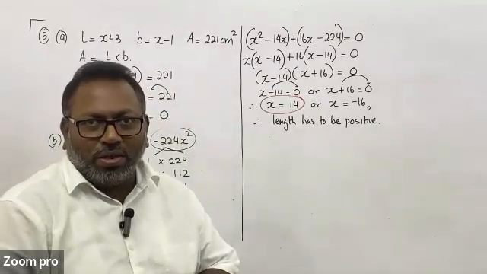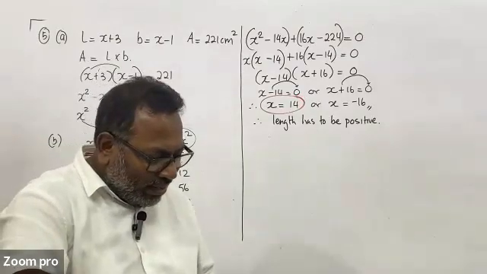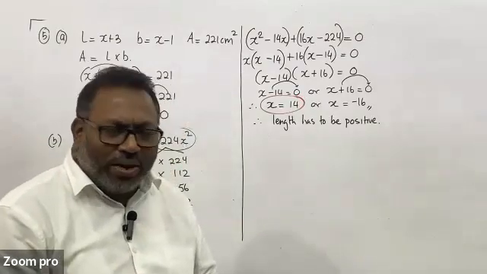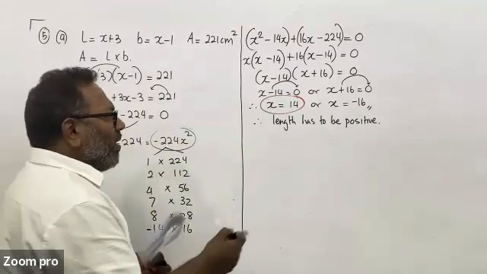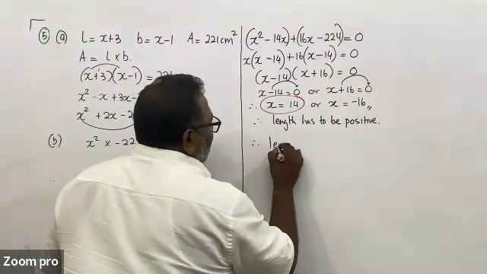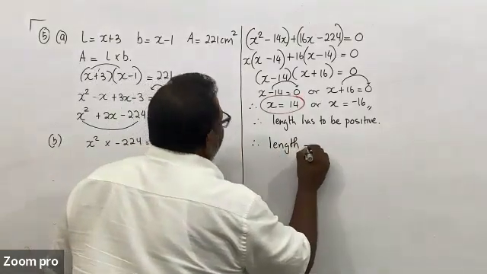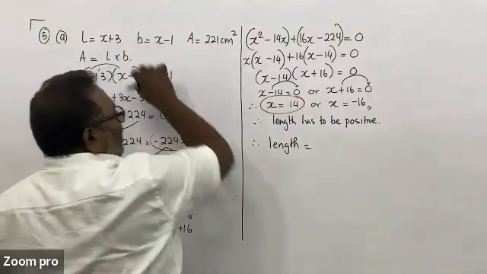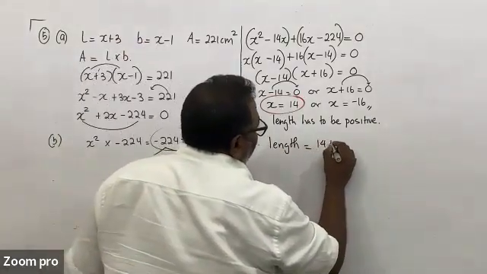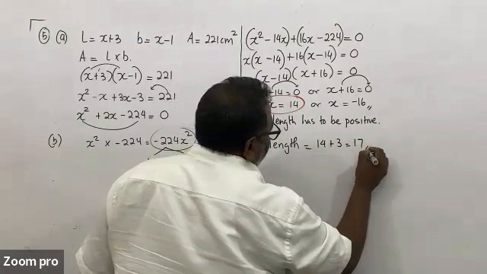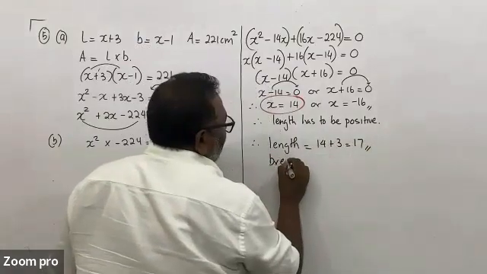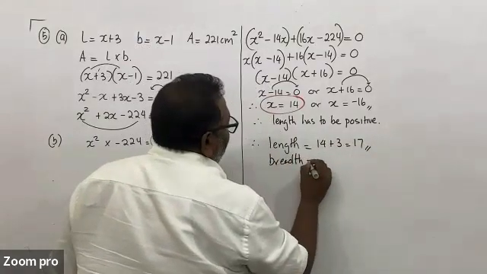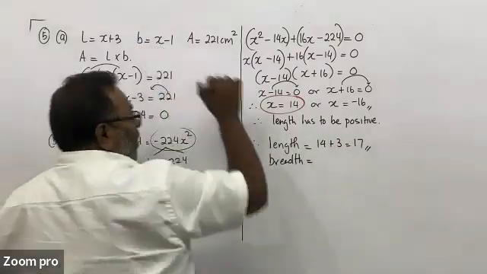Okay. Right. So then they are saying solve the equation and find the length and breadth of the rectangle. So therefore, length is equal to how much? Length is x plus 3. So 14 plus 3 is 17. Breadth is going to be what? x minus 1.